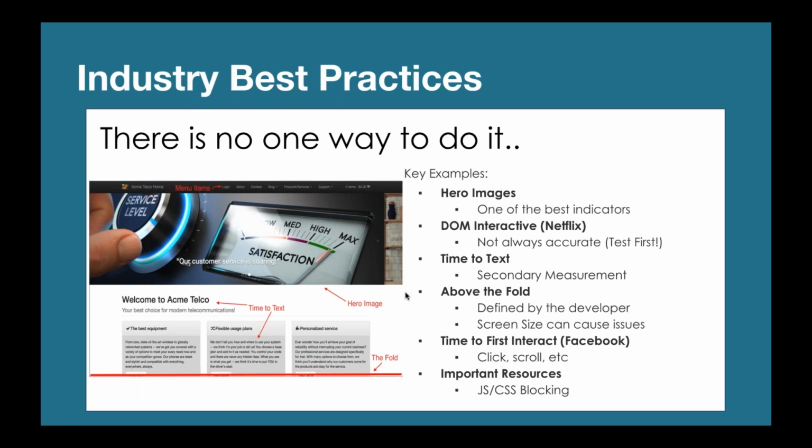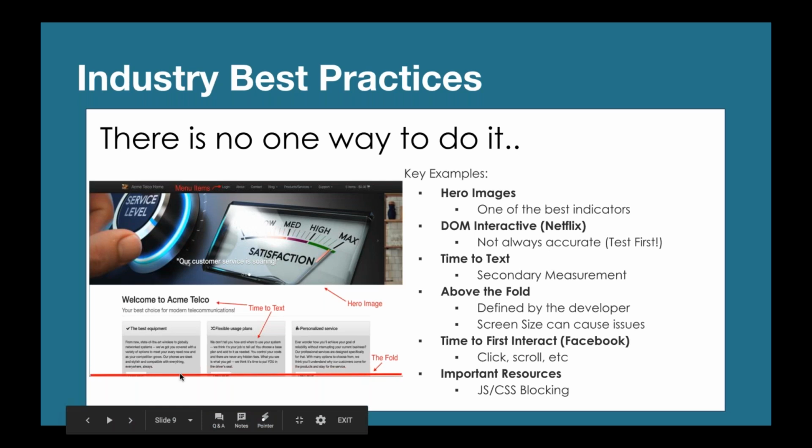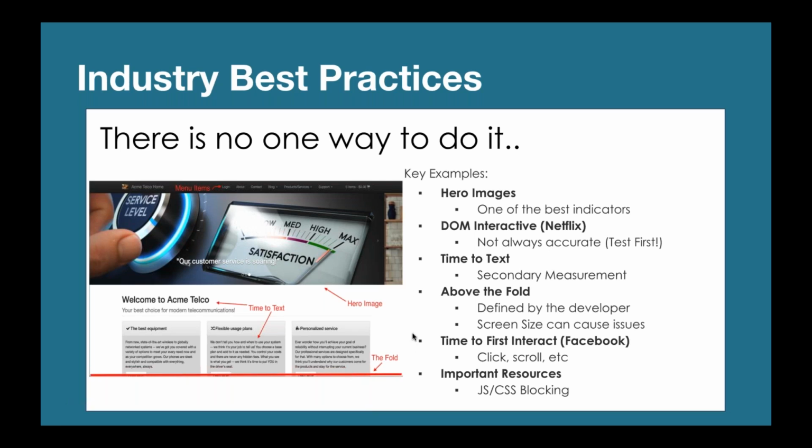Above the fold is another thing that people have been trying to get to. If you'll notice on the left-hand side, it's basically everything that's viewable. The difficulty here is screen size can definitely cause some issues, in that what somebody sees above the fold on a different screen size depends on how you build your page, right?